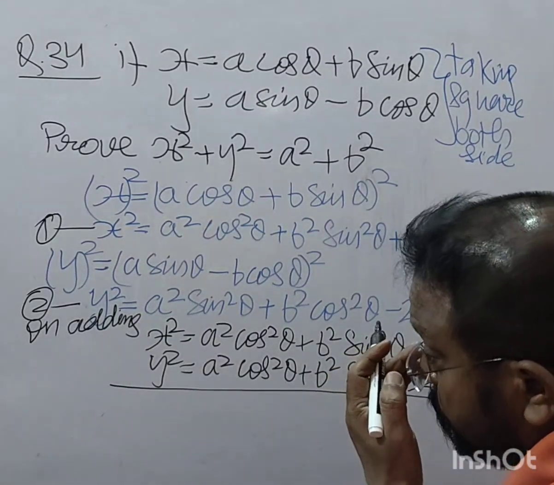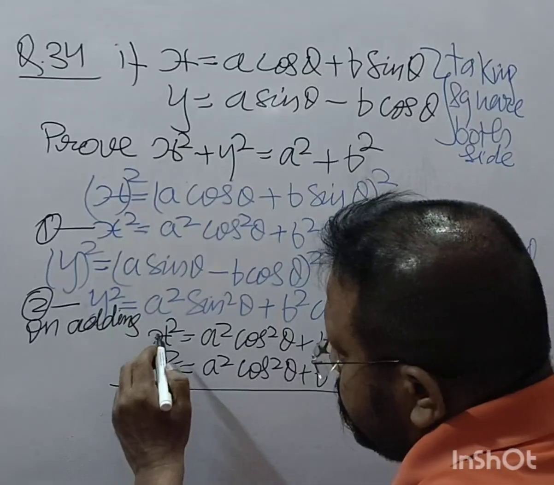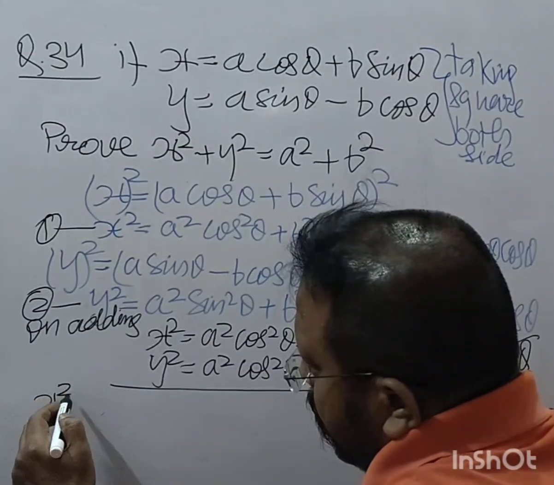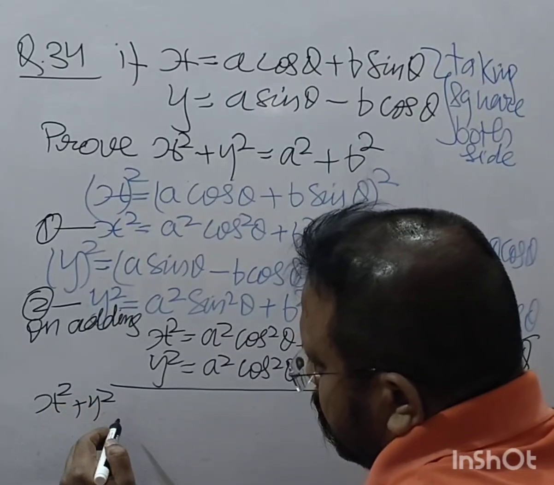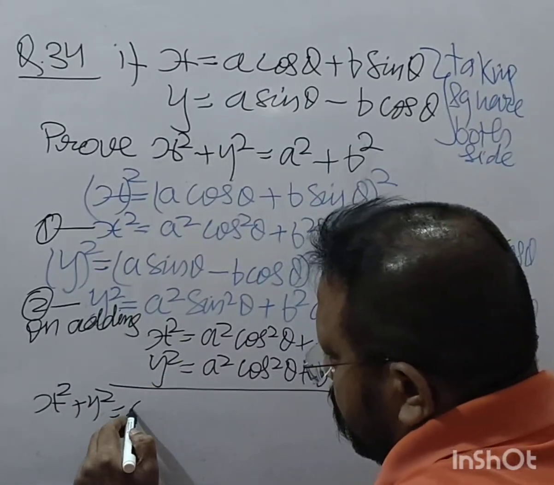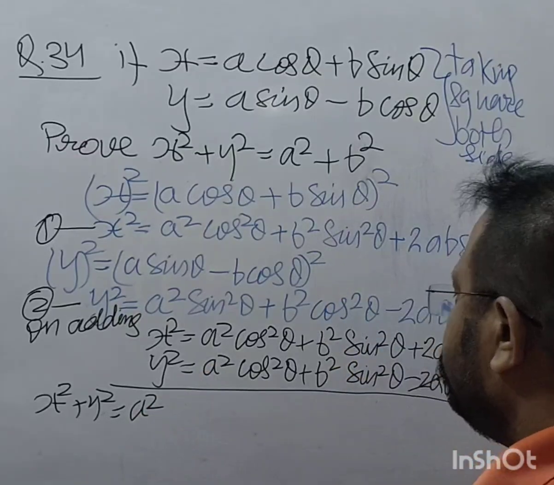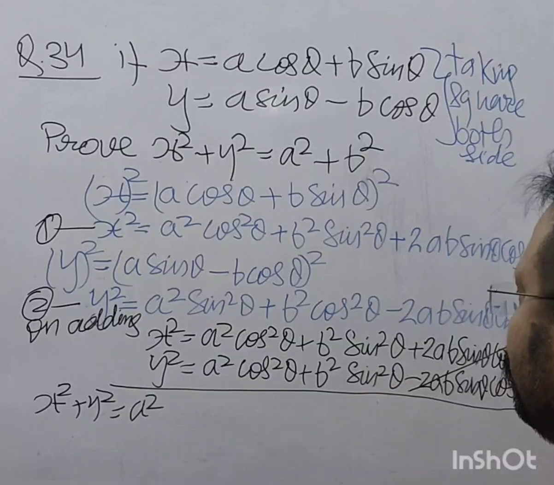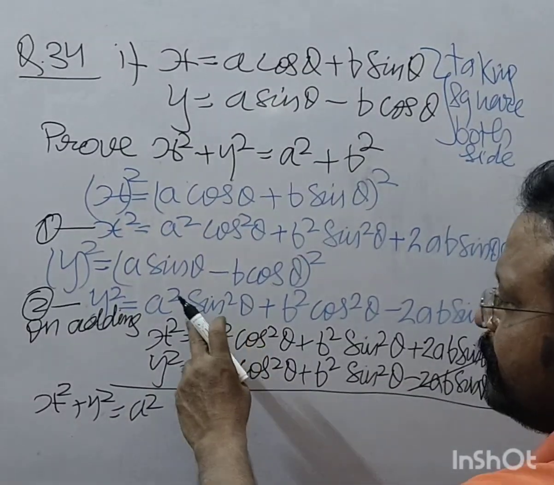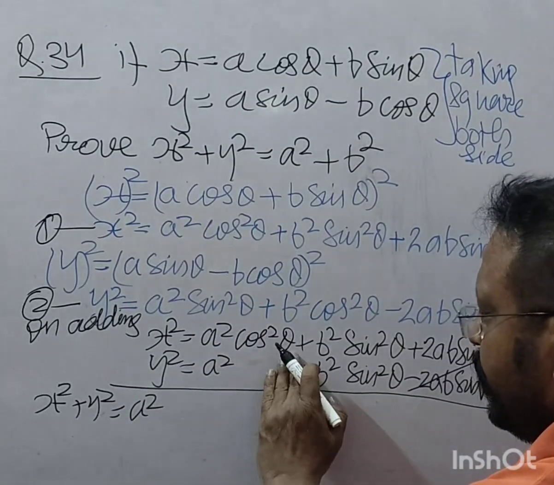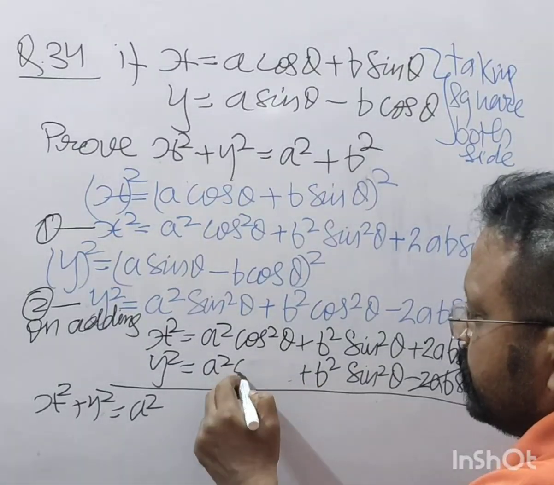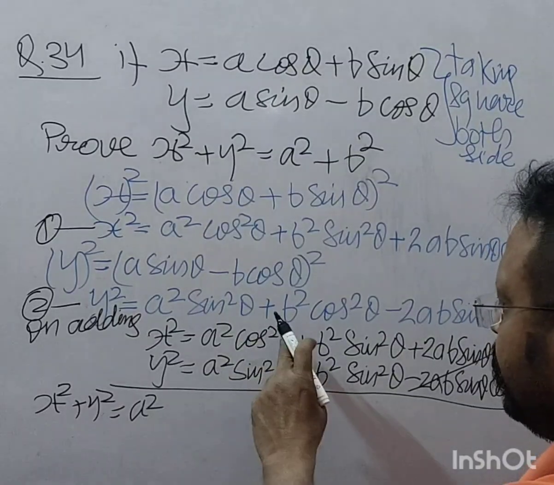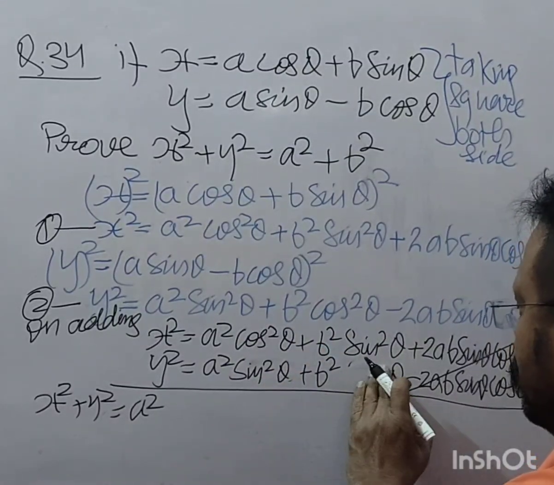So x square plus y square is equal to, if we take a square common, oh, I wrote wrong. Here it should be a square sin square theta, and here b square cos square theta.